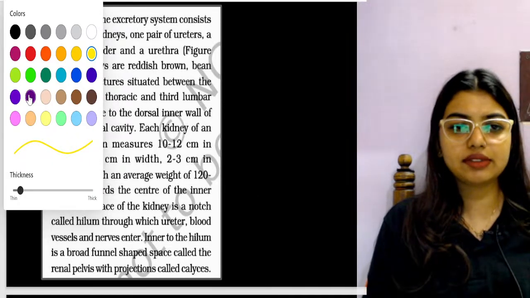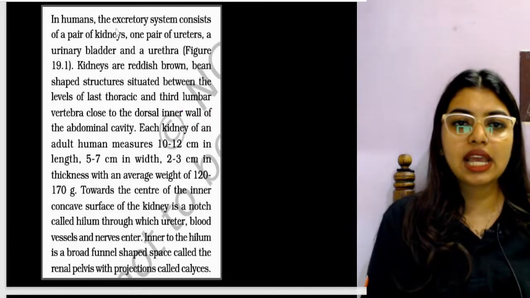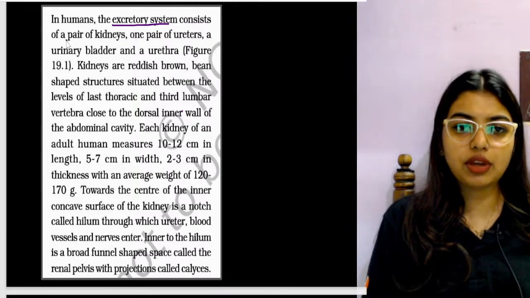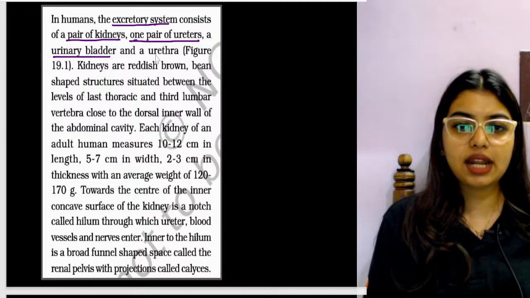Before that, we have some things to learn about the kidney, the size of the kidney and other things. In humans, the excretory system consists of a pair of kidneys, one pair of ureters, a urinary bladder and a urethra.